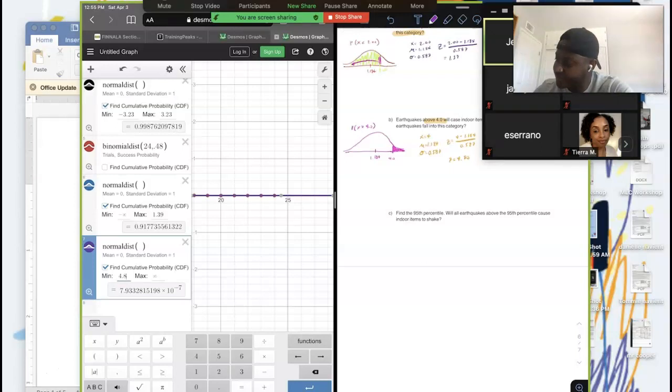All right, so you're going to have to go... So this is going to be 1 minus what we get in the chart. I don't know why it's doing it this way.